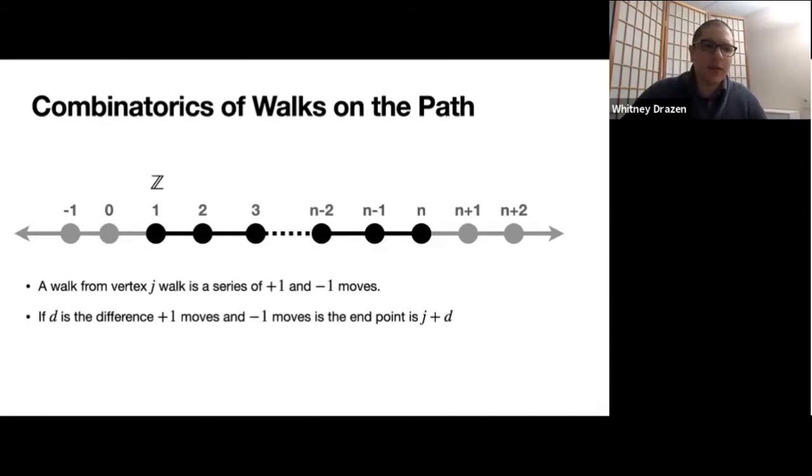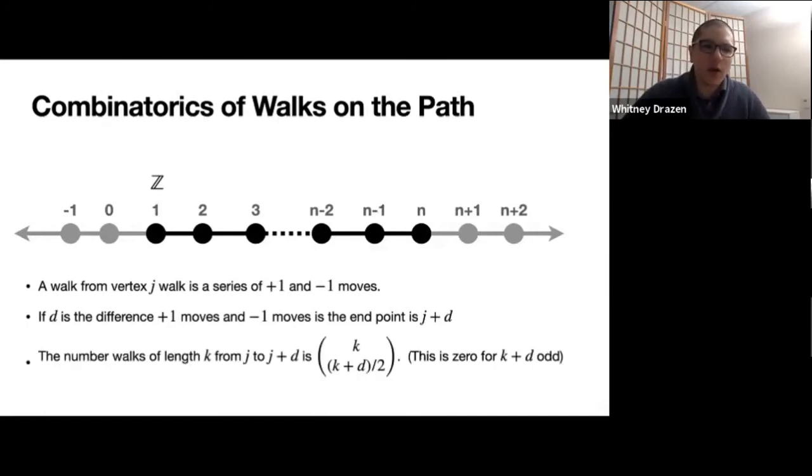And so how many ways can we get a walk of length k from j to j plus d? Well, this is simply the binomial coefficient, where we're choosing (k plus d)/2 things from k things.